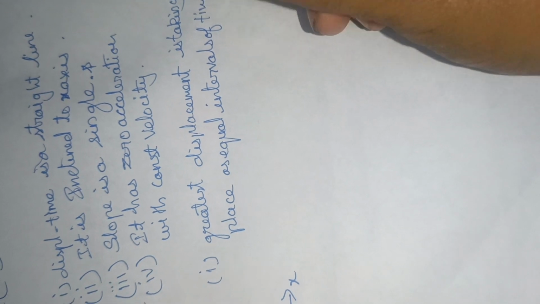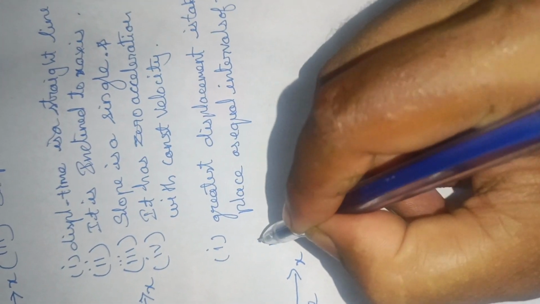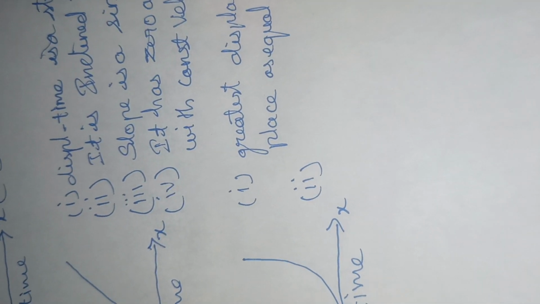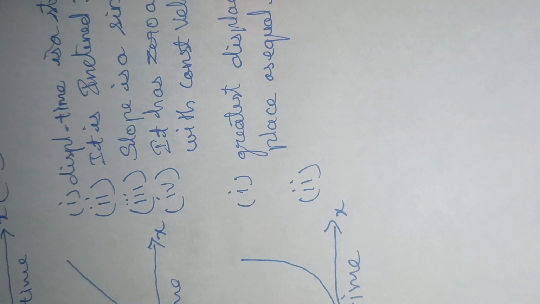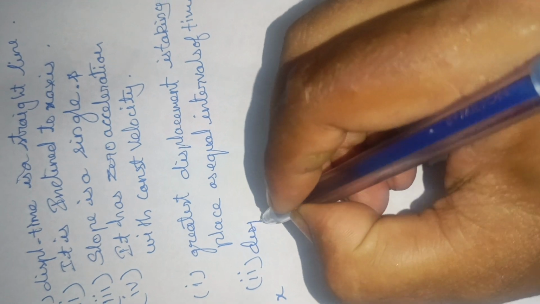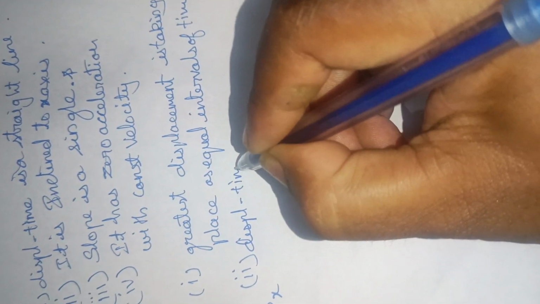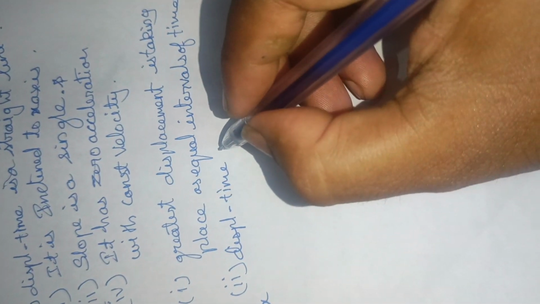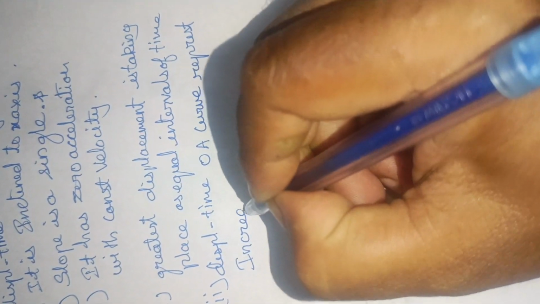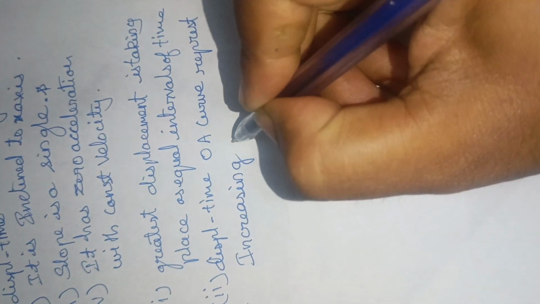So whatever the displacement that takes place, it is greatest with an equal change in time. And point number 2, we can say that the displacement time graph OA represents increasing velocity. Since it is a displacement time graph, the curve O to A, O being the origin, represents increasing velocity.